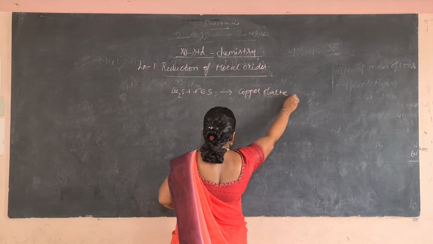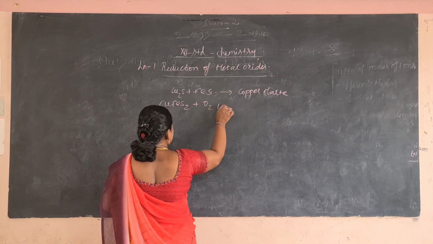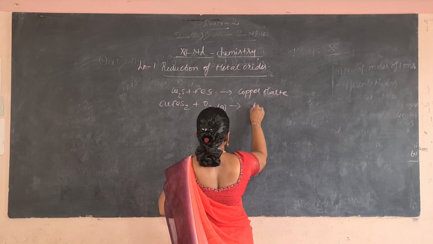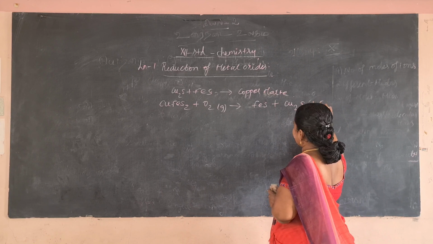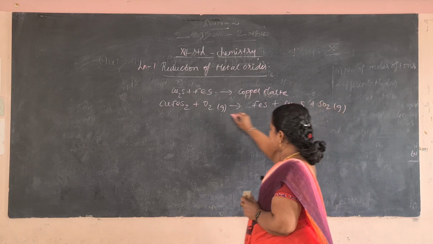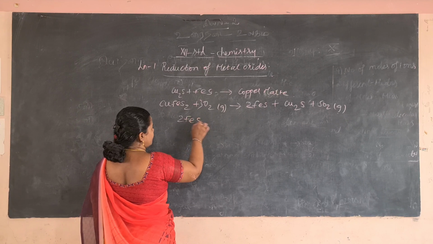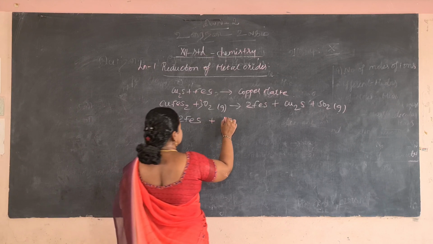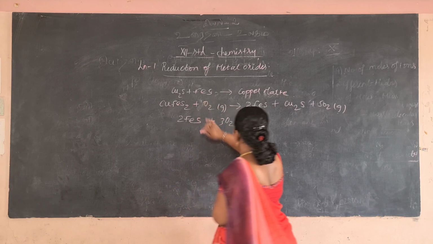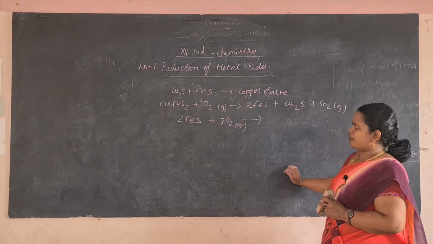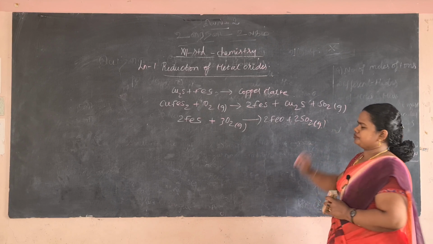Copper matte. For example, the chief ore of copper, copper pyrites, when it is treated with oxygen gas, forms ferrous sulfide. Then this iron sulfide present is treated with oxygen gas, and if it is not balanced you balance it, to form iron oxide.